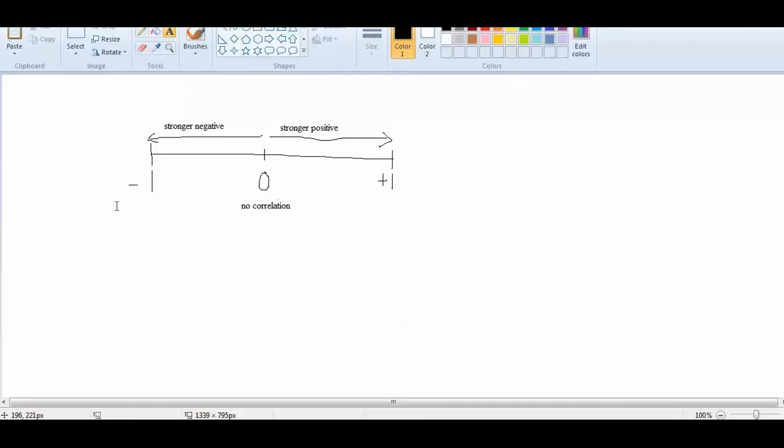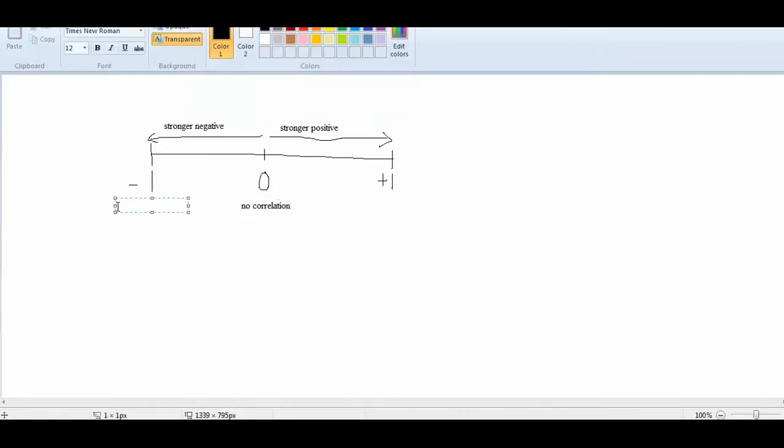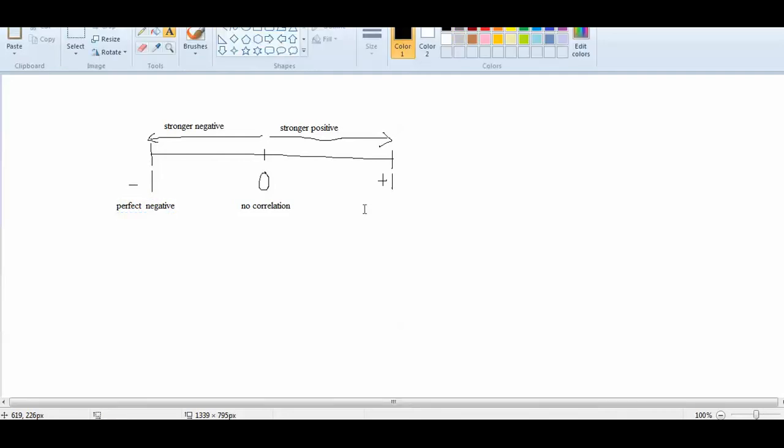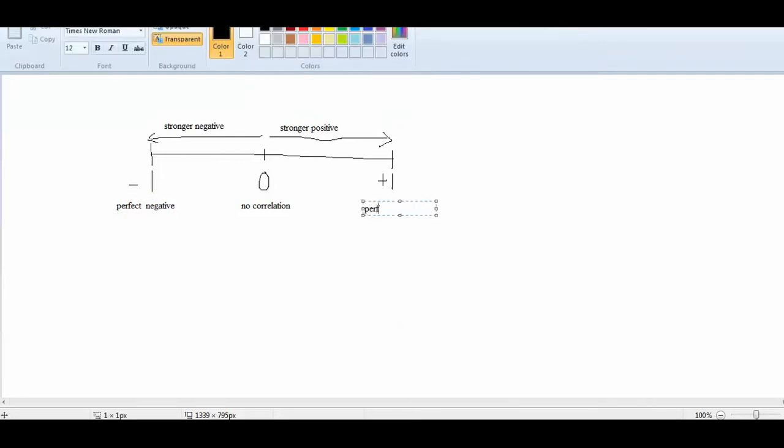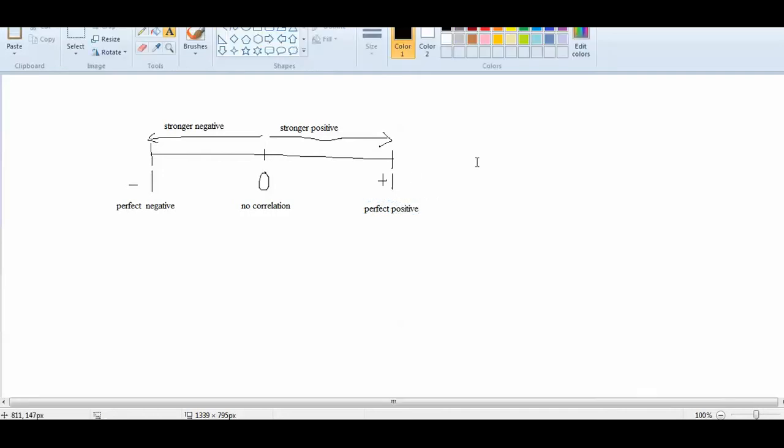If it comes out to -1, it means that the data set is showing a perfect negative correlation. And if it comes out to +1, it means that the data is showing a perfect positive correlation. And I'll show you what a perfect negative and a perfect positive would look like.